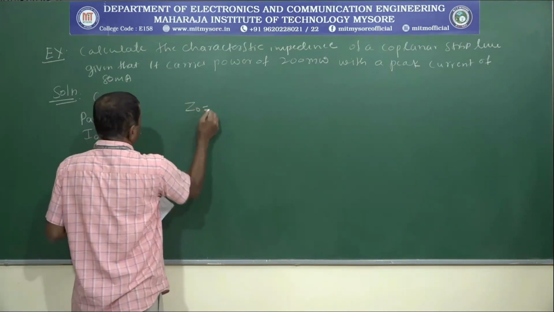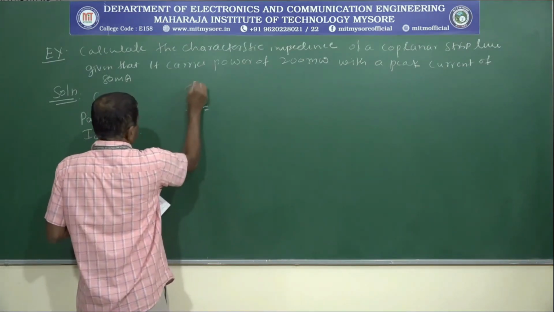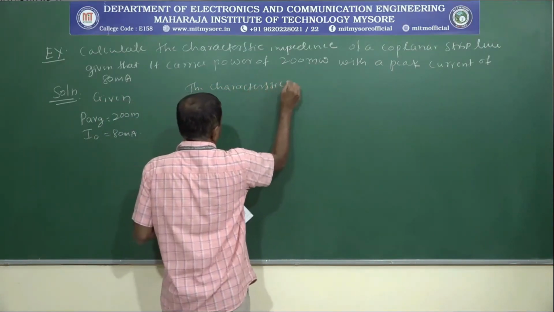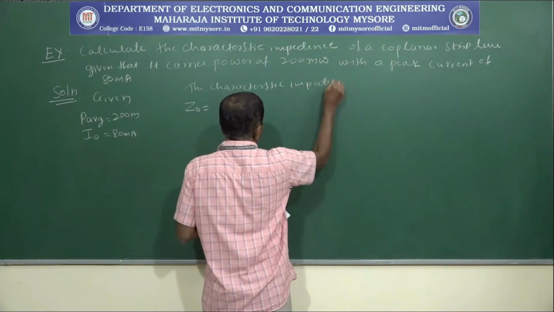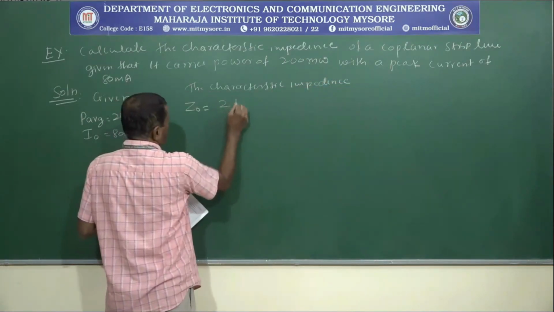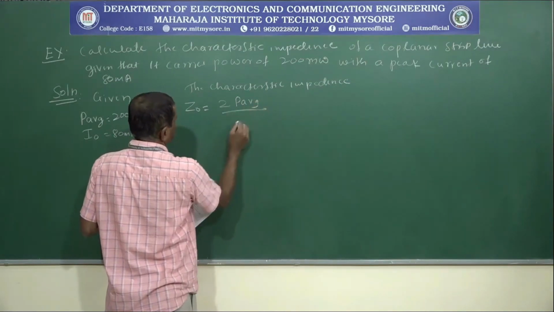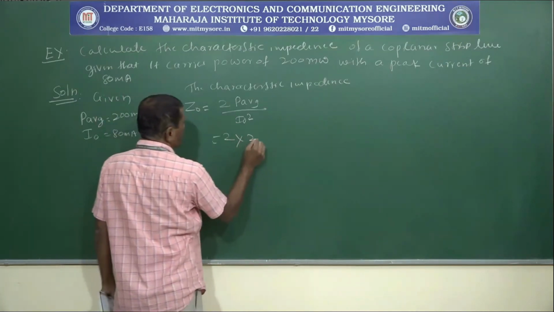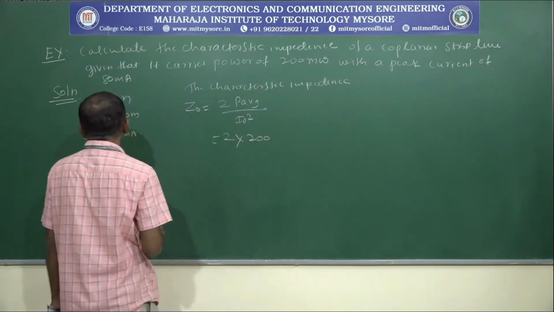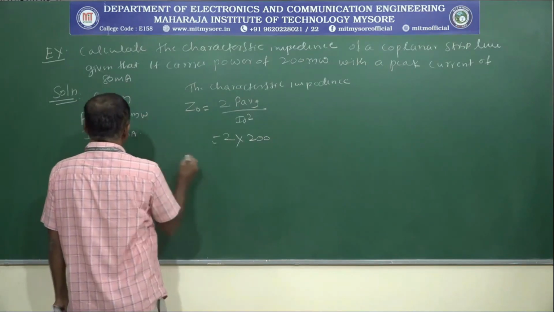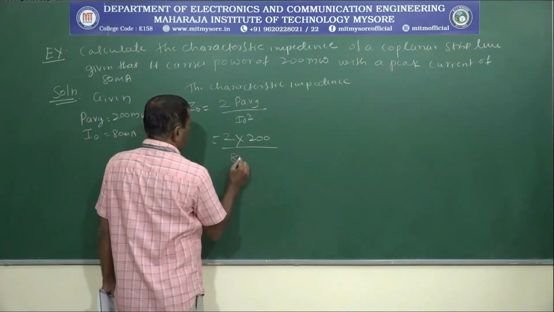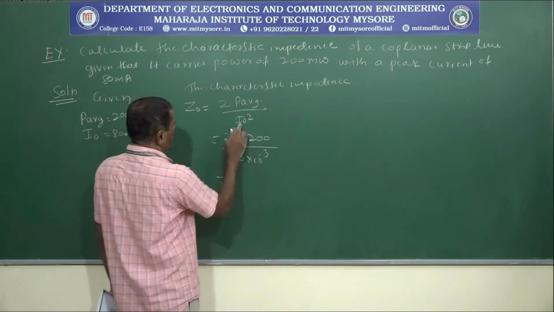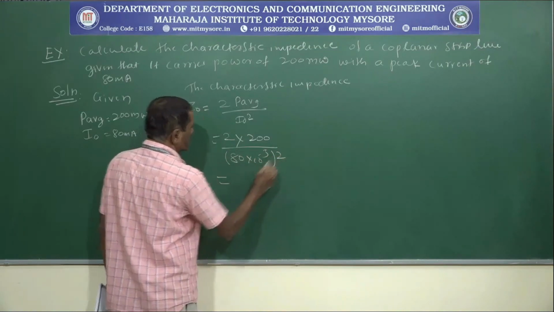So Z0, the characteristic impedance, is equal to 2 into P average divided by I0 square. 2 into P average is given as 200 milliwatt divided by 80 into 10 to the power of minus 3 whole square.